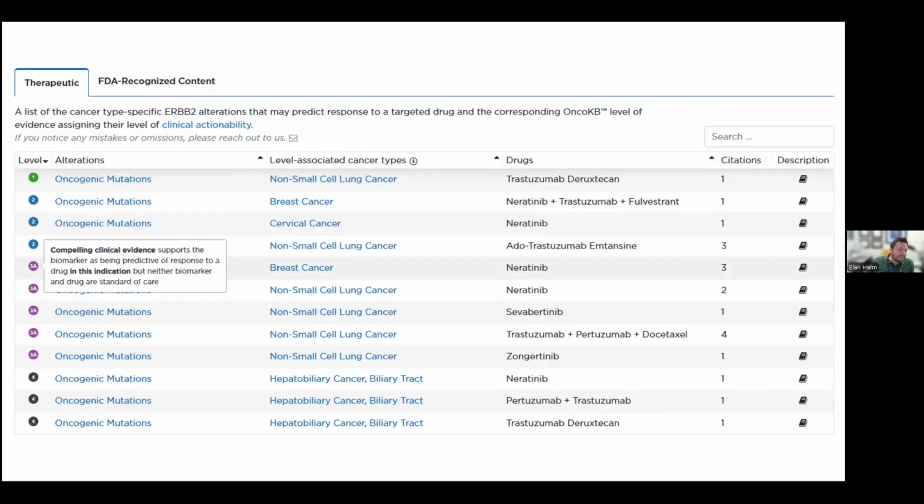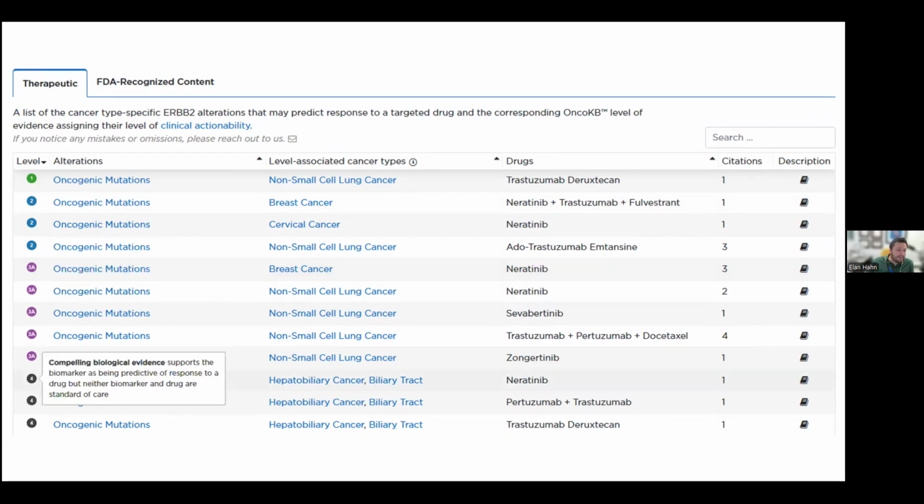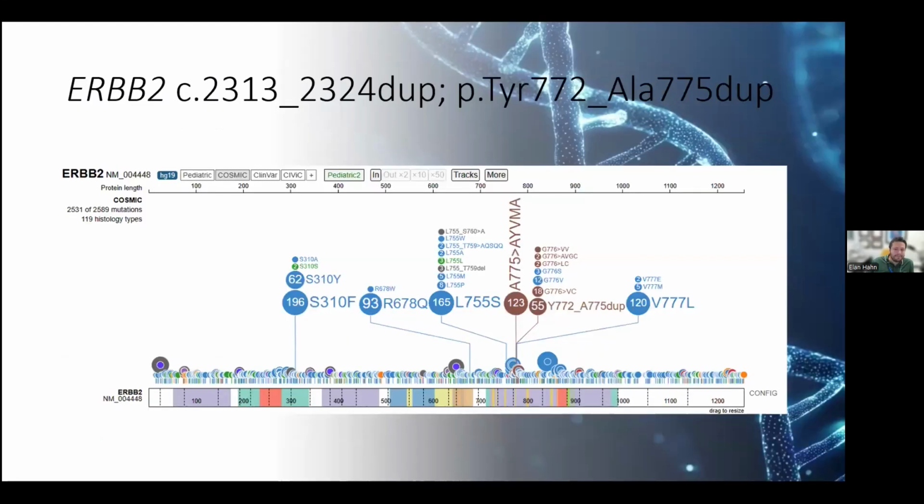Compelling clinical evidence supports the biomarker as being predictive of response to a drug in this indication, but neither biomarker nor drug are standard of care in breast and non-small cell lung cancer. And in hepatobiliary cancer, there's compelling biological evidence of the biomarker being predictive of response to a drug, but neither the biomarker nor drug are standard of care. So I'm pretty happy that this is oncogenic and functional.